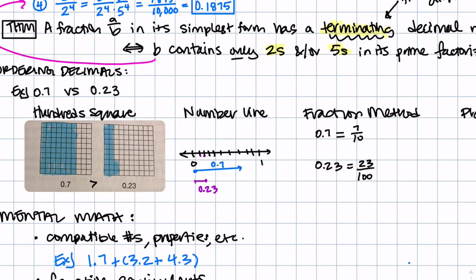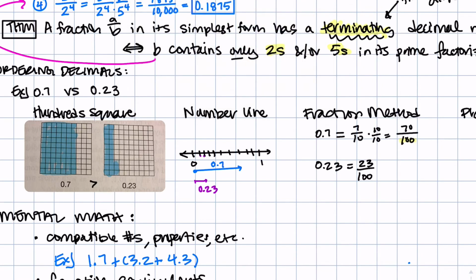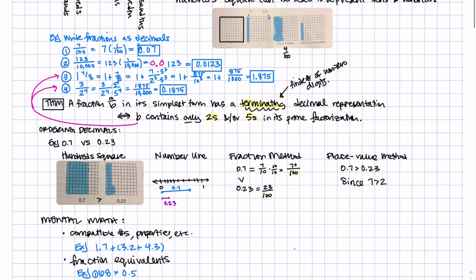A nice way to deal with that is to multiply the first one by 10 over 10 so that my denominators will be the same. This gives me 70 over 100. Now that they both have denominators of 100, I can see that 0.23 is definitely smaller than 0.7, because 23 is less than 70. So, 4 different representations and ways to understand ordering decimals.